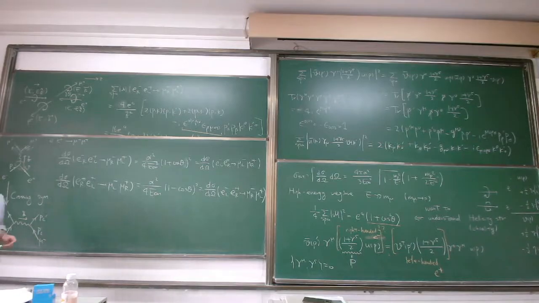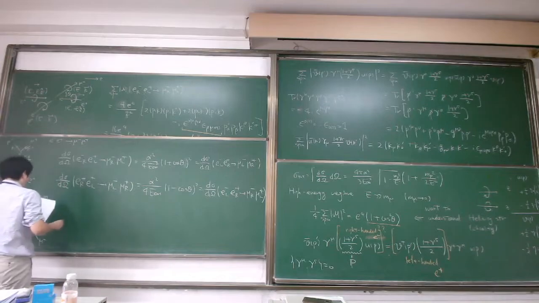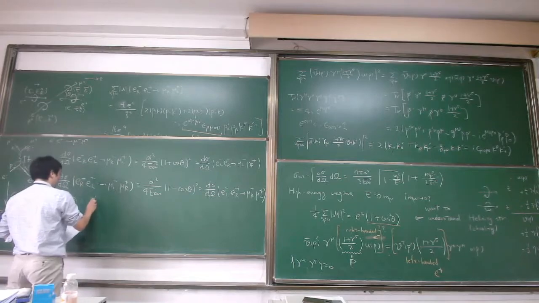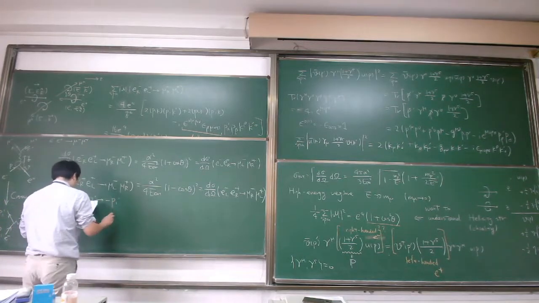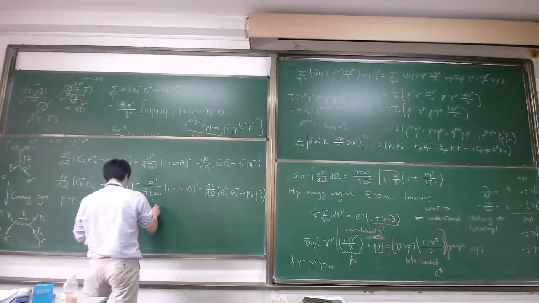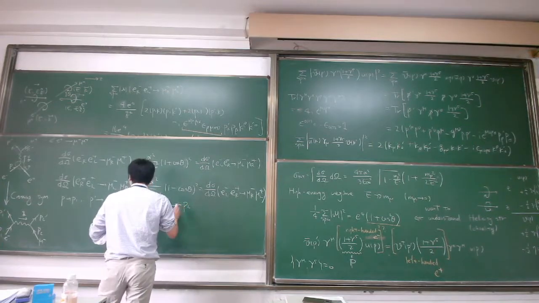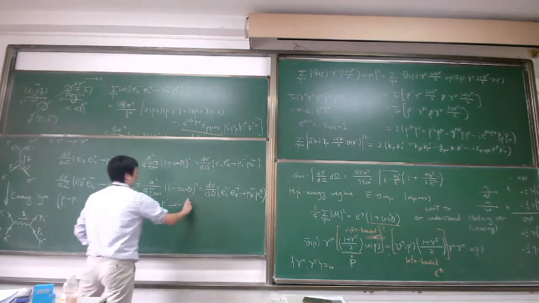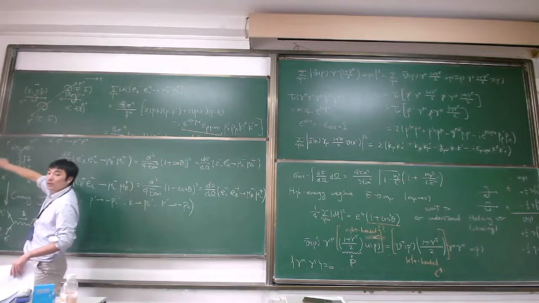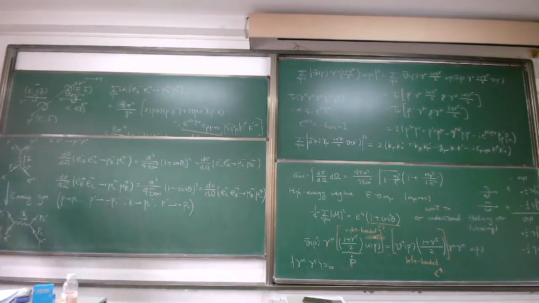And this process of rotating this diagram just amounts to p going to p1, and then p prime going to minus p1 prime, and then k going to p2 prime, and then k prime going to minus p2 prime, p2. So this is really the crossing symmetry, which means that if you compute the amplitude for this one, you don't need to compute the amplitude here. It's the same thing. That's already what we did.